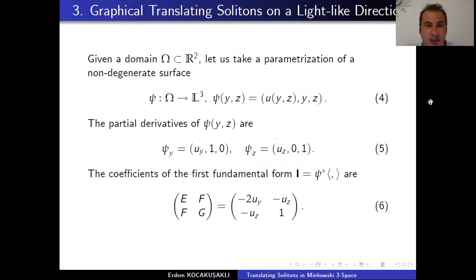Now, let's consider a graphical surface given in expression 4. We can easily calculate the partial derivatives, and the coefficients of the first fundamental form are given in expressions 5 and 6.